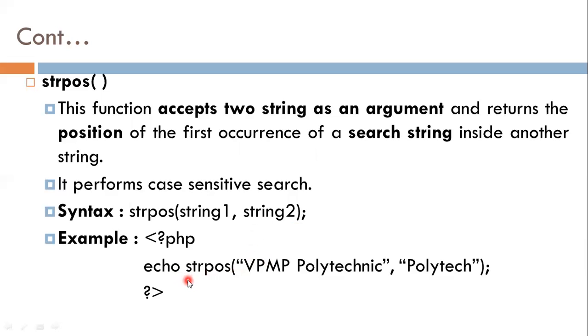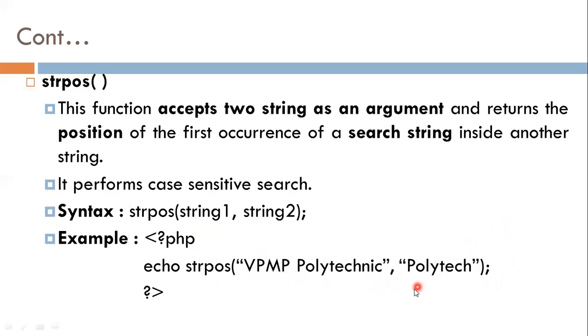For example, here I write one example. It prints an echo statement with the function string position. My original first string is VPMP Polytechnic, and I want to search for Polytech. This second string is searched in the first string.